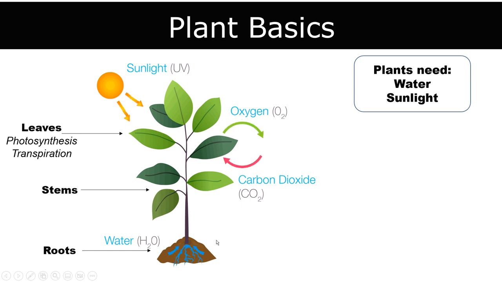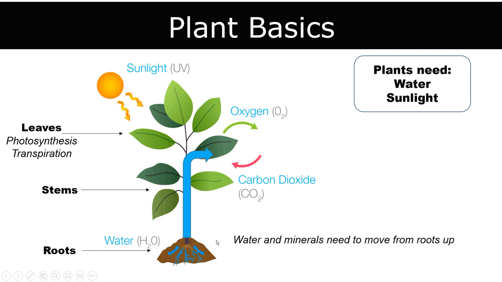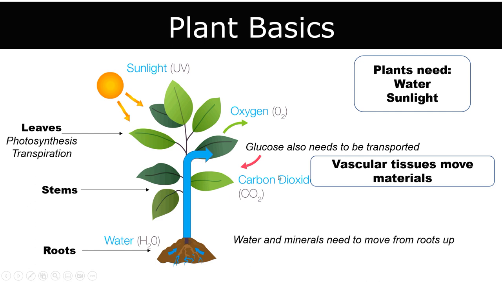So for instance, we know that water is coming from the ground and it's somehow being transported to the different parts of the plants. We also know that in photosynthesis, the sugars are being created in these leaves. And all the plant's cells are going to need that sugar, so there needs to be some mechanism of movement for those sugars that are also being produced.